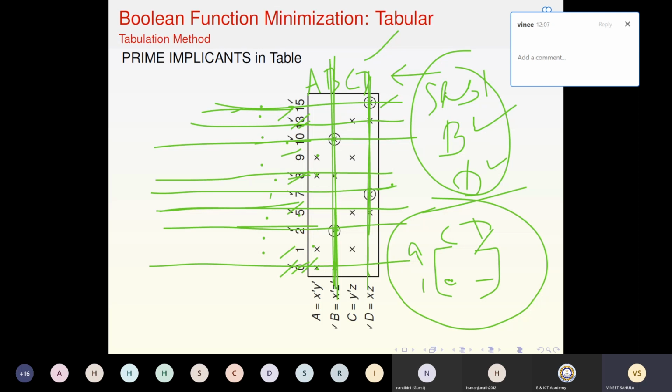By A also and D also. So what to choose now? So I choose C or D, any one of them, because C will cover both of them, right? So my answer at step 2 will be: choose B, D, and any one of the AC. I'm sorry, AC. Choose any one of the AC, A or C.